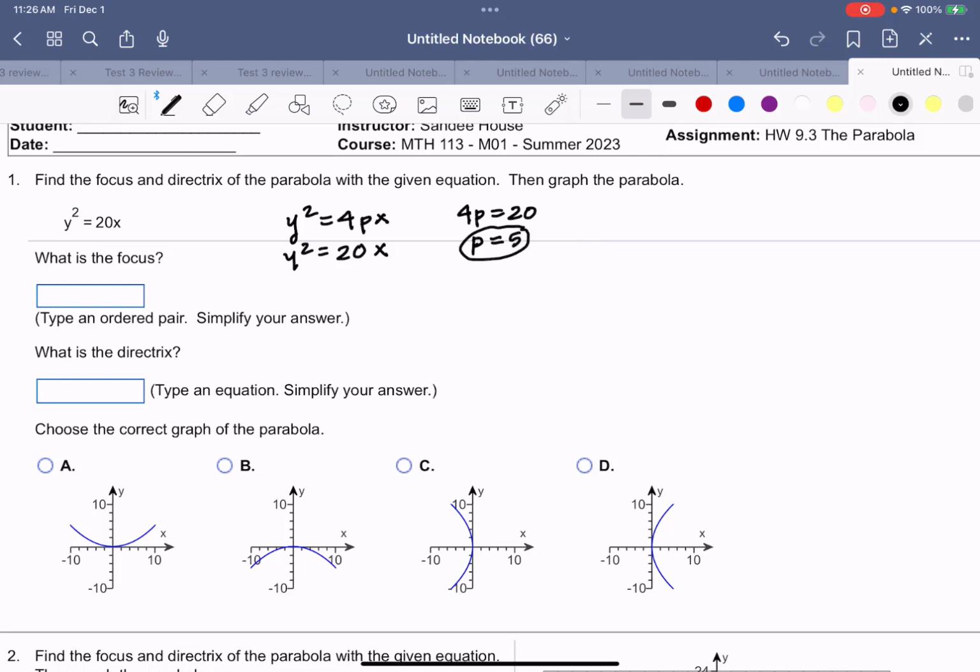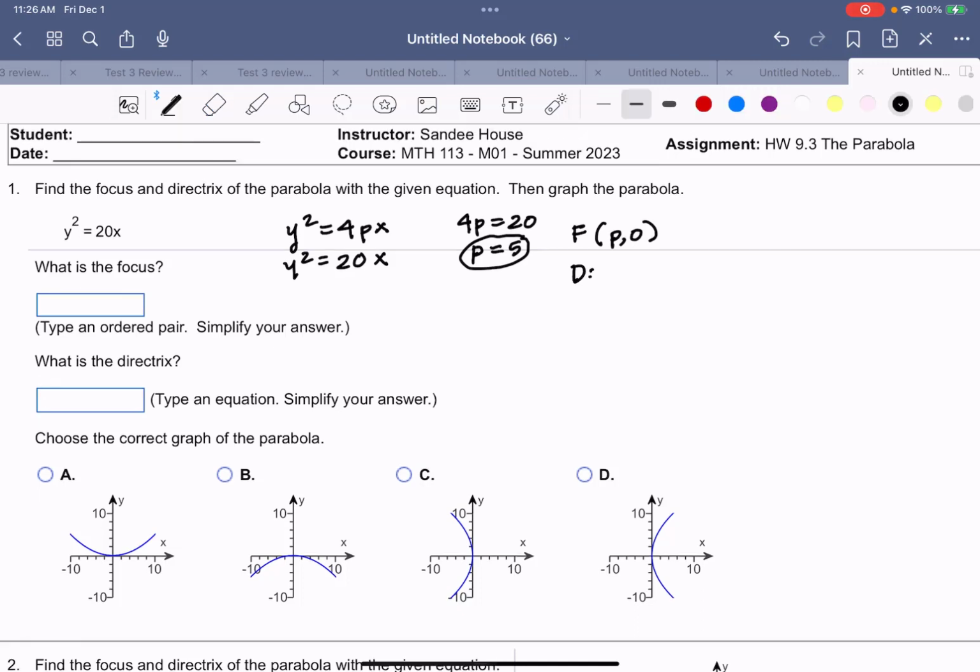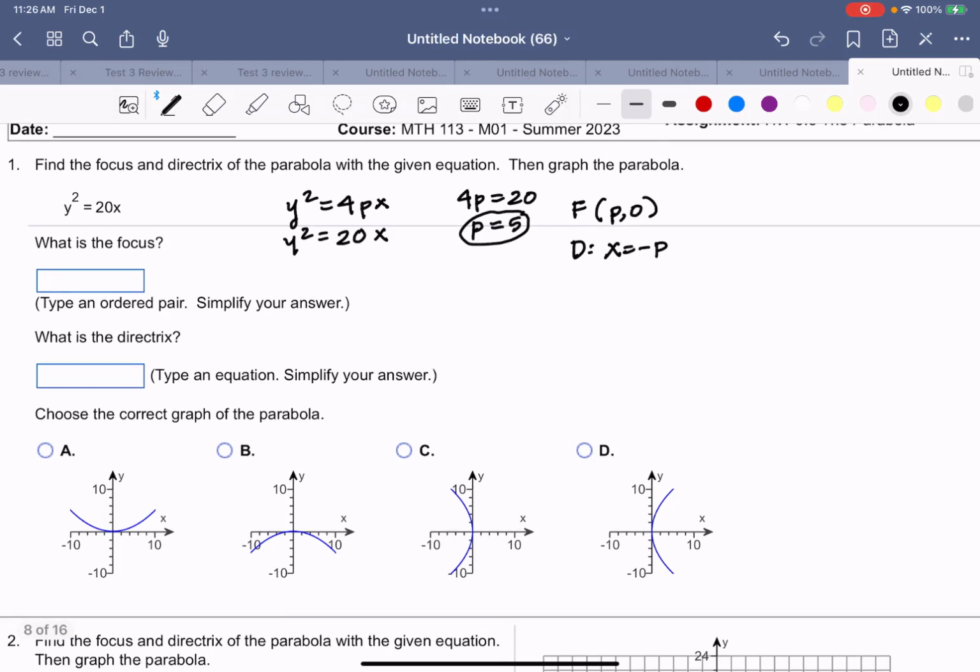Now remember, in this format, when it's y squared, your focus is at (p, 0), and your directrix is at x equals negative p. So our focus would be at (5, 0), and our directrix will be at x equals negative 5.